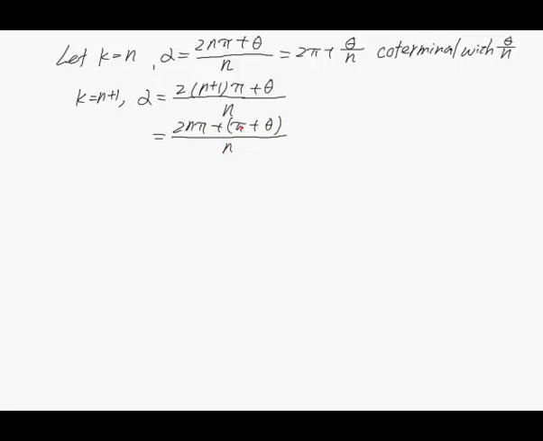Now we divide these terms by n. The first one, 2n pi divided by n, you have 2 pi. And then the second part, you have 2 pi plus theta over n. So we know this is coterminal with 2 pi plus theta over n. And this is just the case when we let k equal to 1.